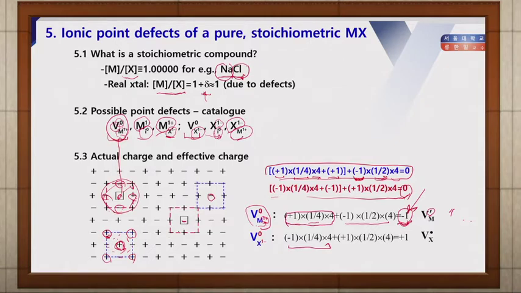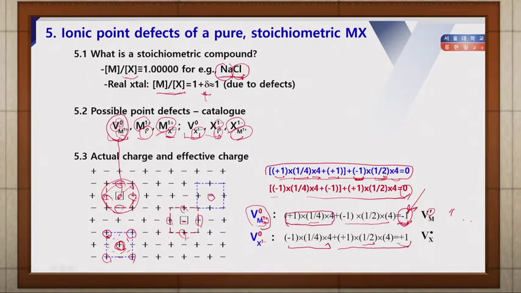And what about the positive charge? You see, 1, 2, 3, 4 at each edge, which makes a contribution of a half each to this unit cell. So the total charge turns out to be +1. When you have the missing negative ion, this repeating unit turns out to have an effective +1 charge.